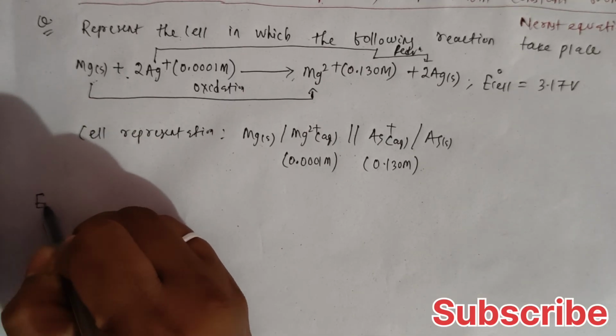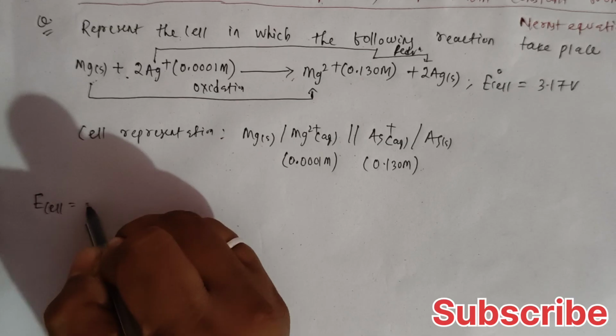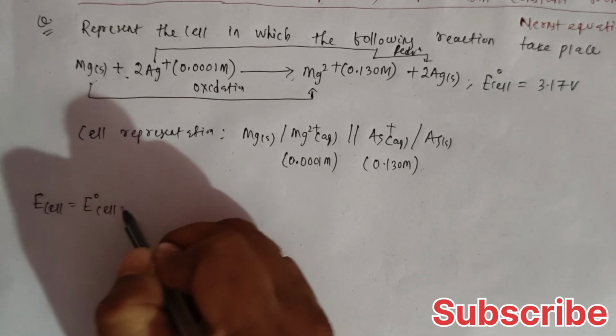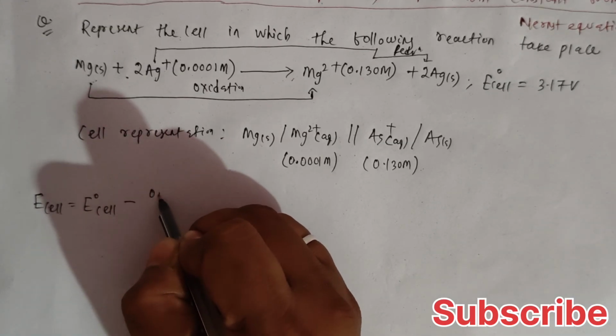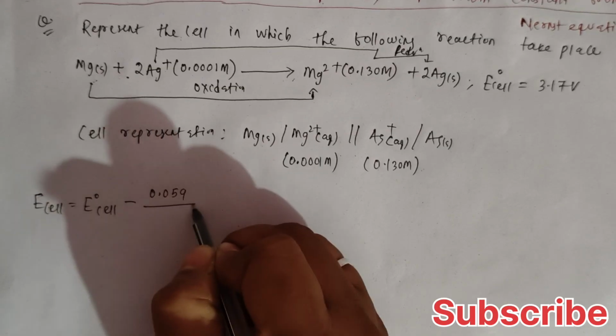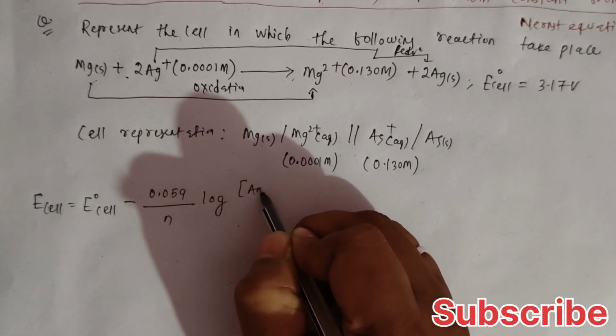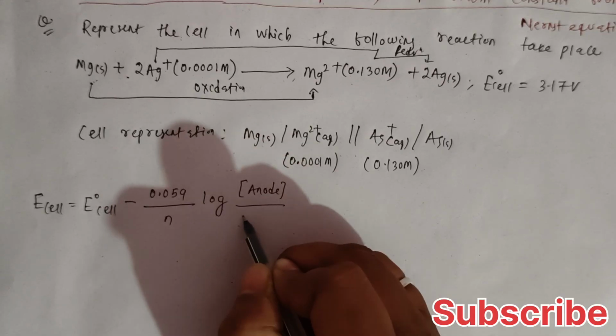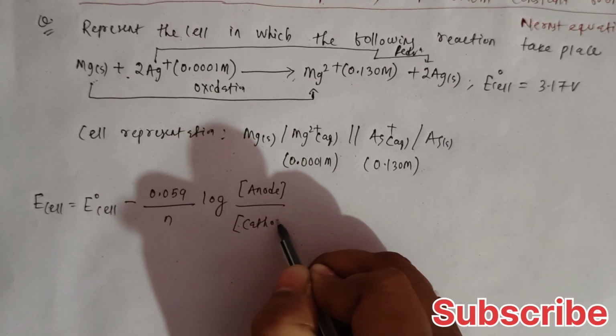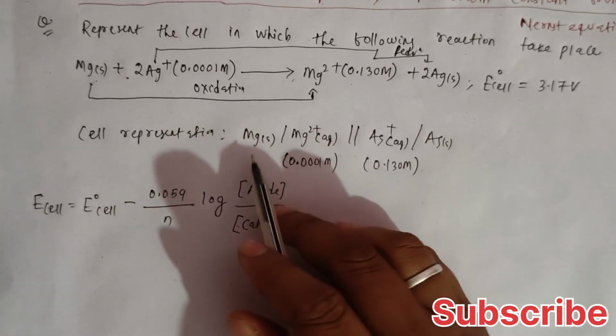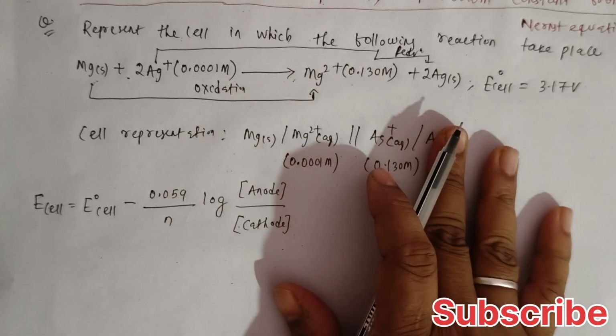Okay, so we all know from our previous video that E cell is equal to E naught cell minus 0.059 by n log of anode by cathode. Clear? So can anyone tell me from these two half cells which is cathode and which is anode?